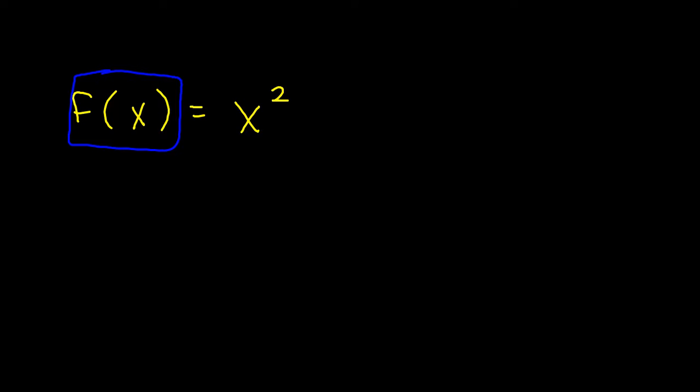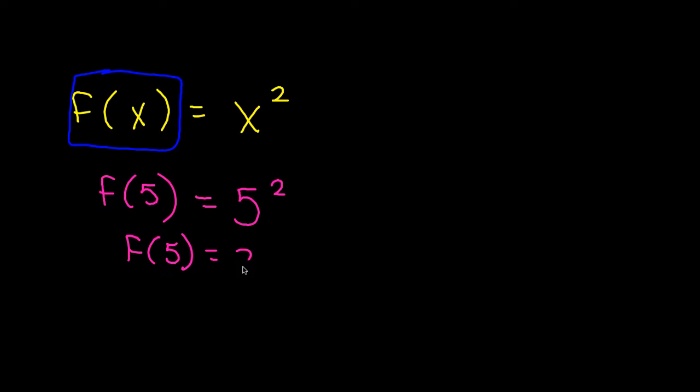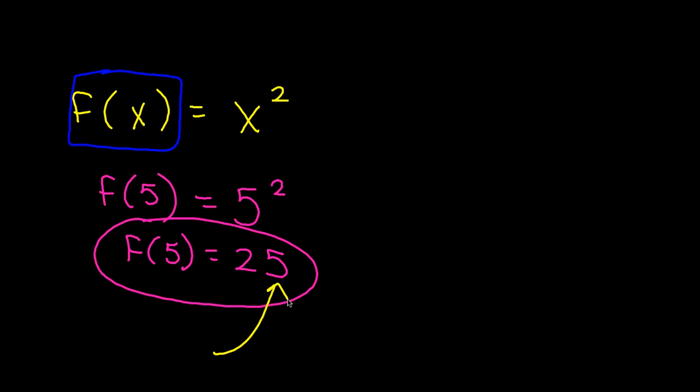Cool. So if I plug in 5, then what I'm saying is my function at 5 is equal to 5 squared. So my function, when I plug in 5, is equal to 25. And the value of writing my function in this way, instead of in a way that we would have done it before, is that my final answer not only gives me the output, but it also tells me what my input was.